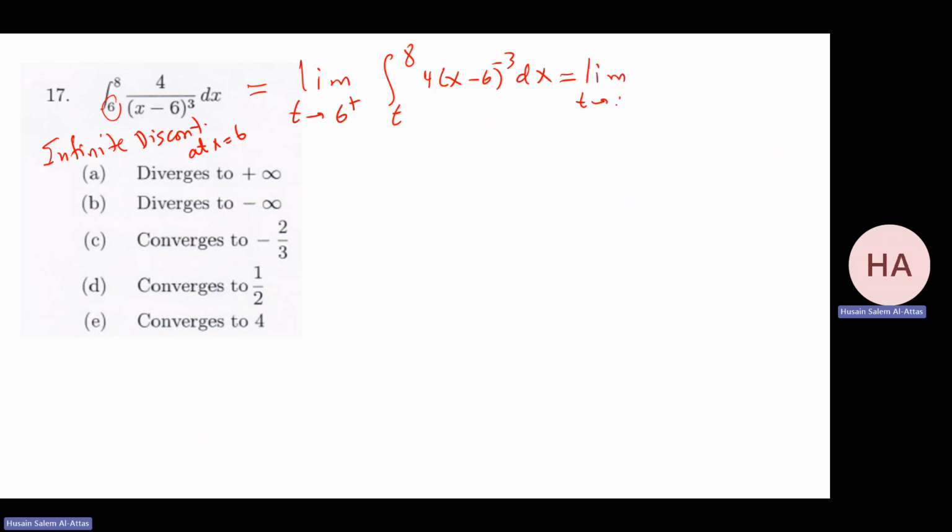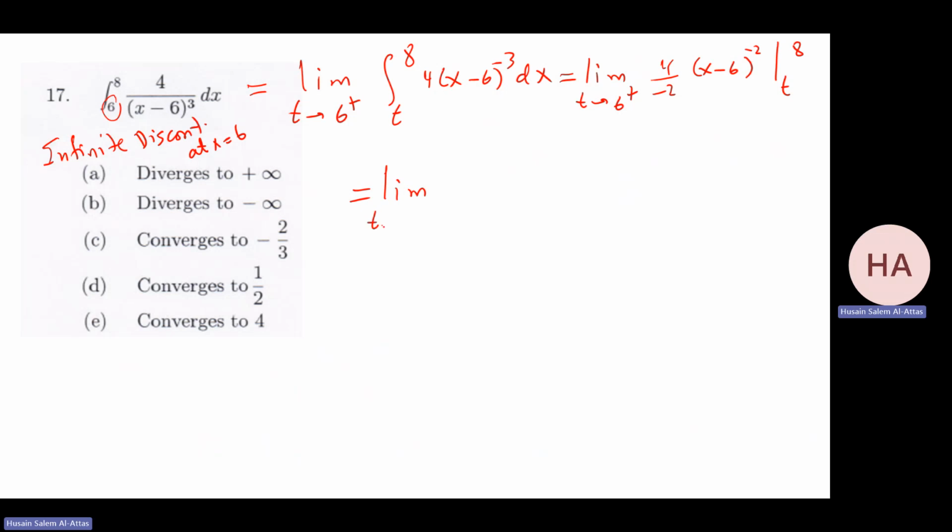Limit as t goes to 6 from the right of what? You add 1 and divide by that: 4 over minus 2, (x minus 6) to the power minus 2, from t to 8. No, don't forget the limit.